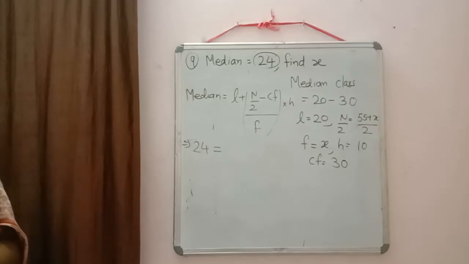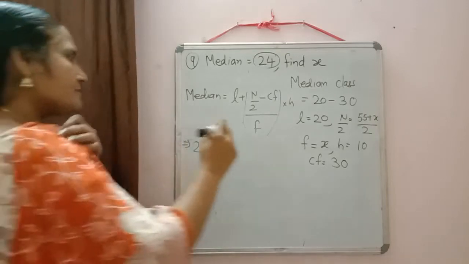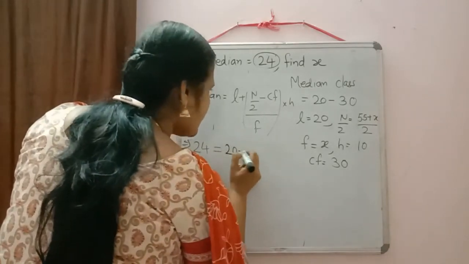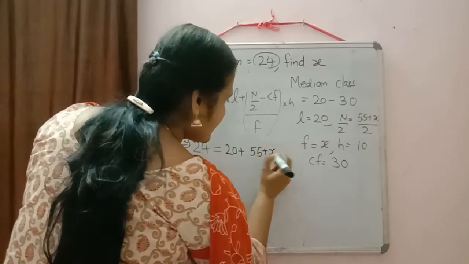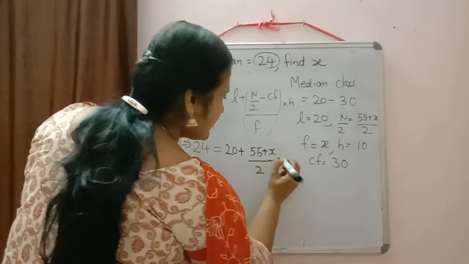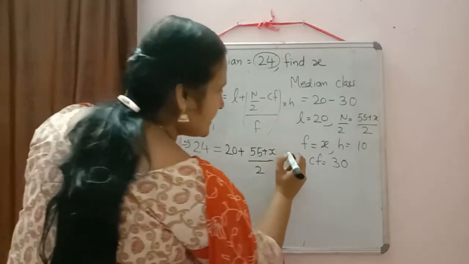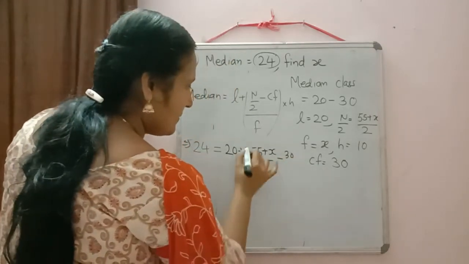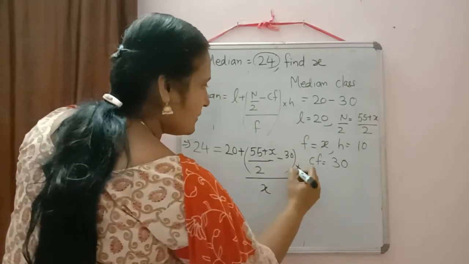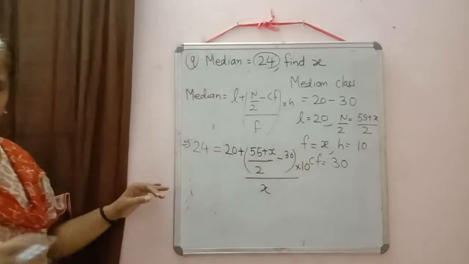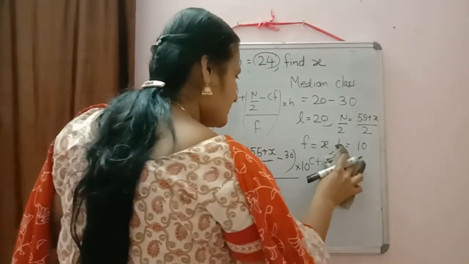So substitute the value 20 plus n by 2, that is 55 plus x by 2 minus cumulative frequency 30, by frequency x, into h, that is equal to 10. So we substituted all the values.